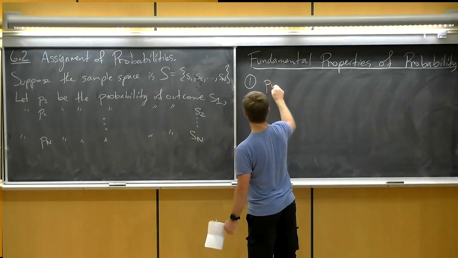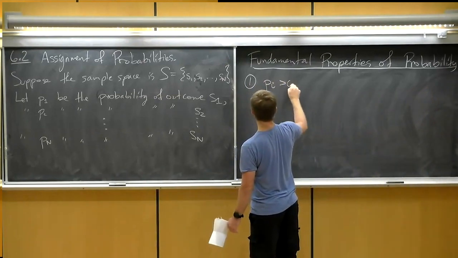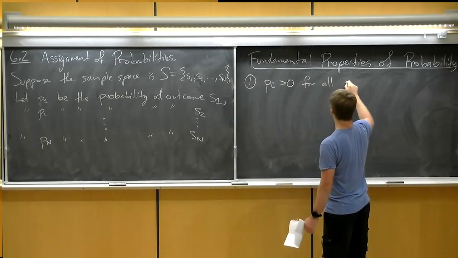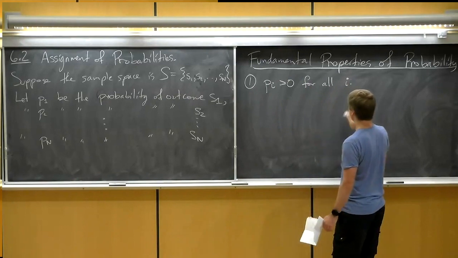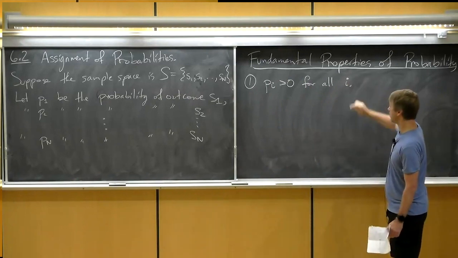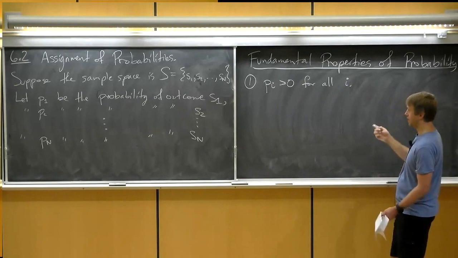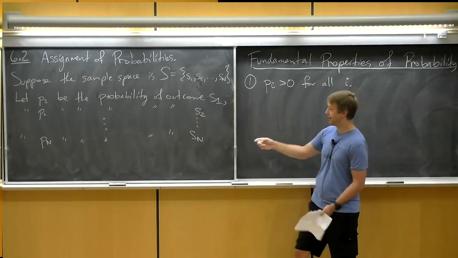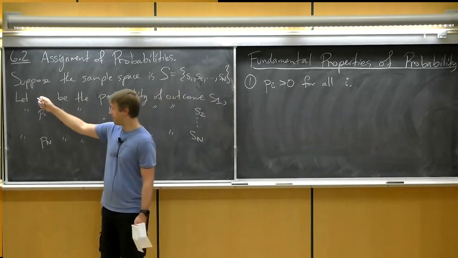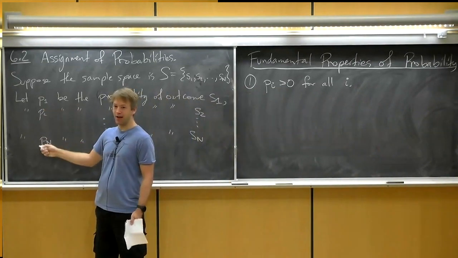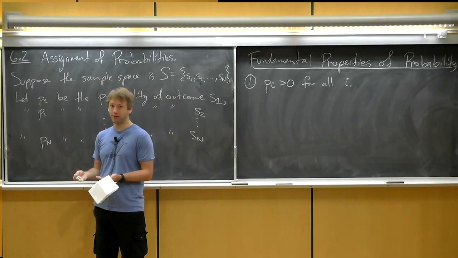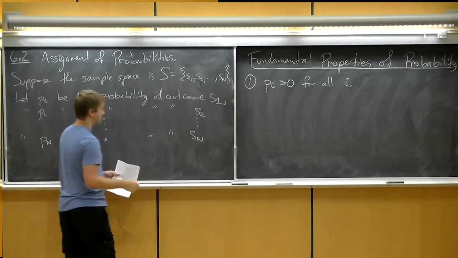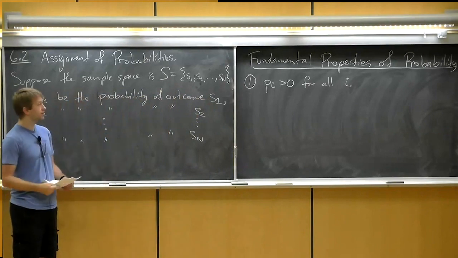So Pi is bigger than 0 for all i, where this i is just an index. For all the different P1, P2 up to Pn, they all should be positive. That's because the sample space is supposed to be the set of all possible outcomes.